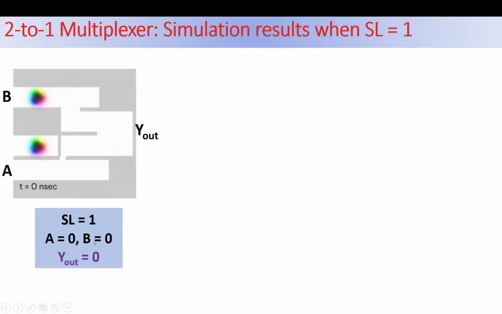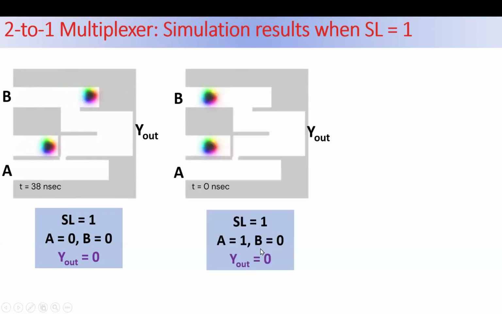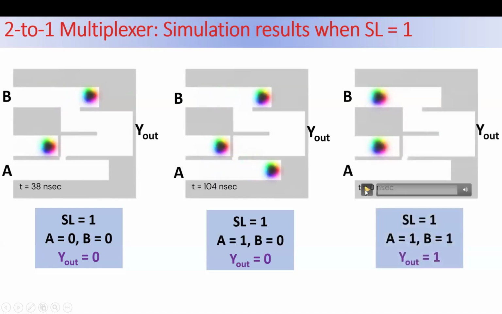Similarly, these are the simulation results for the select line equals 1 cases. Here the select line skyrmions are first introduced, and later inputs A and B are given. This last case will explain it clearly. The select line and both inputs are 1 in this case.